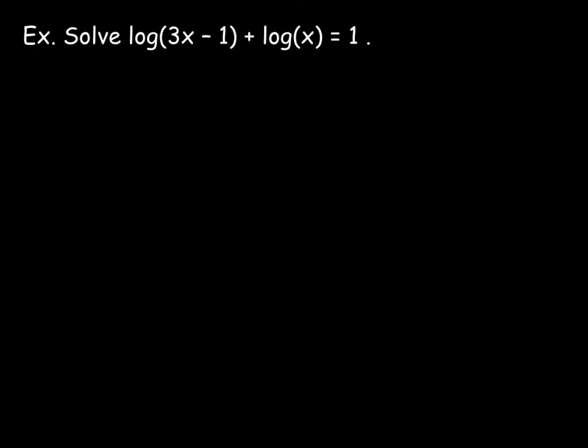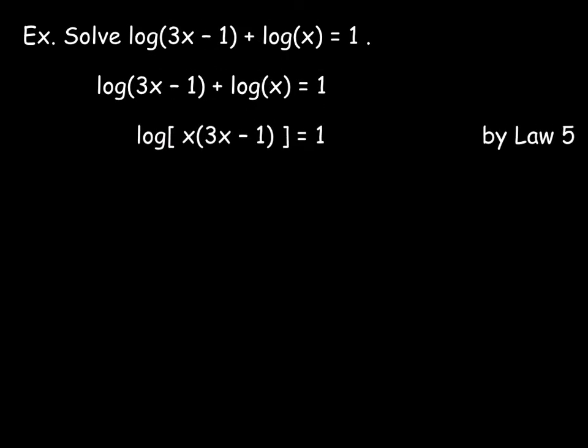Example: solve the log of 3x minus 1 plus the log of x equals 1. We begin by applying law number 5, rewriting the sum as a product inside the log, and we have the common log of x times 3x minus 1 is equal to 1.